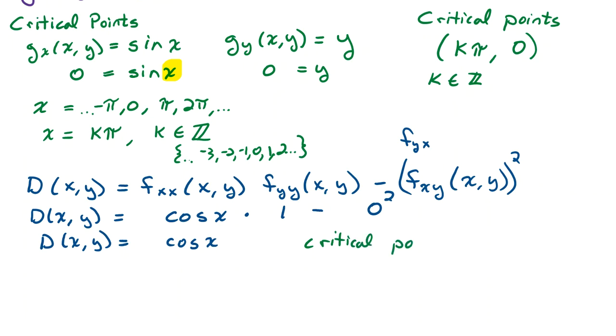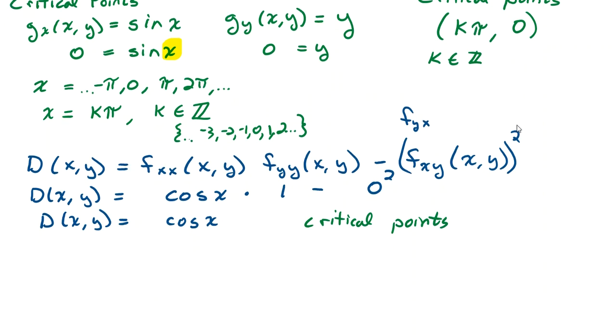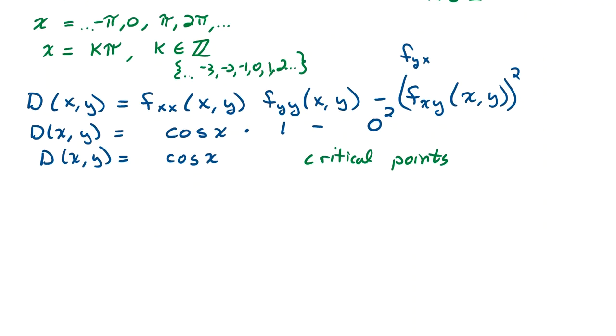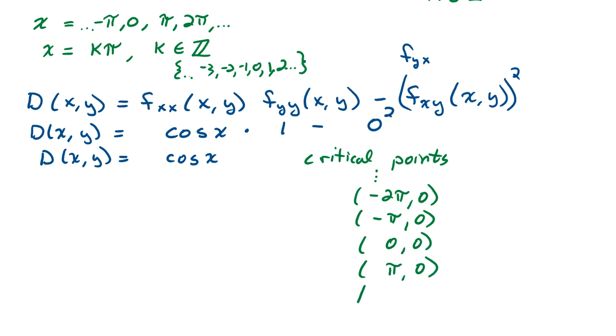Maybe let's list out a few of these k pi, 0 points and think about what's happening. We've got infinitely many critical points, but maybe we write negative 2 pi, 0, negative pi, 0, 0, 0, pi, 0, 2 pi, 0, and then dot, dot, dot.